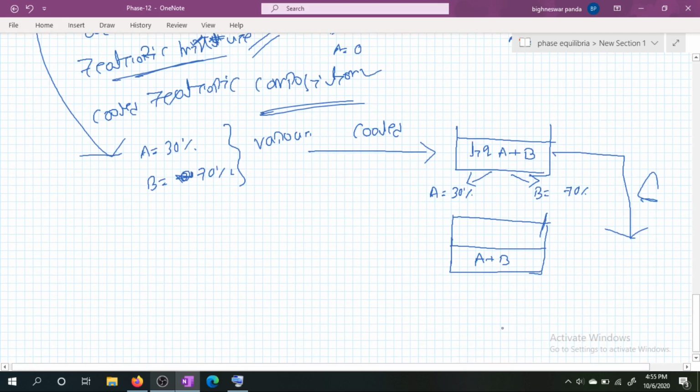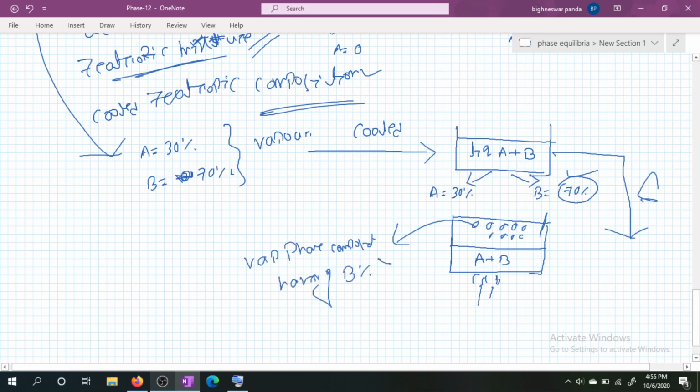Since B is 70% present, when we heat this mixture, the vapor phase composition has B percentage greater than 70 and A percentage less than 30.